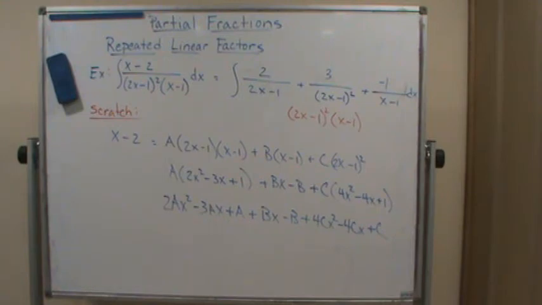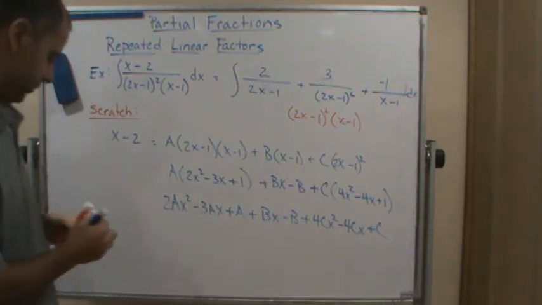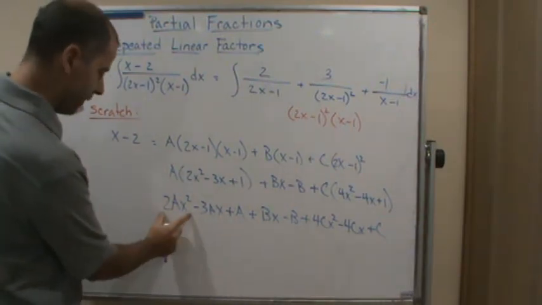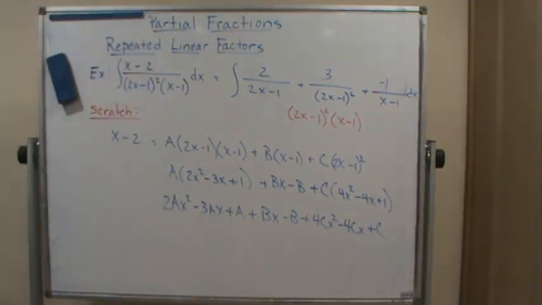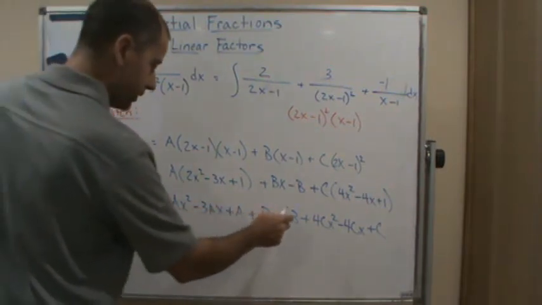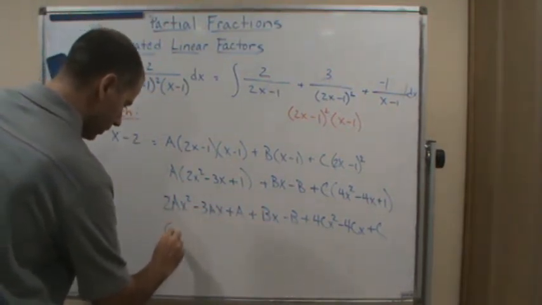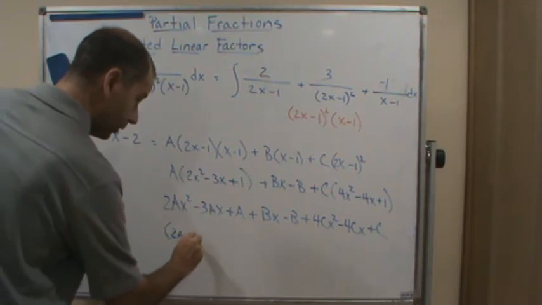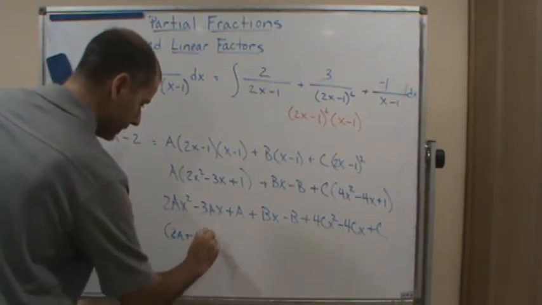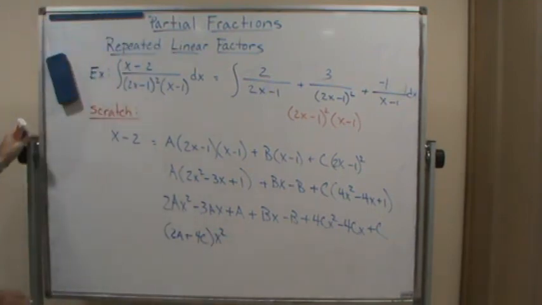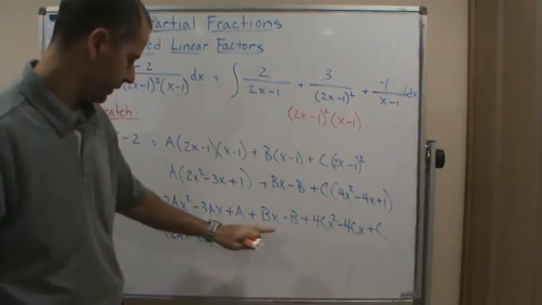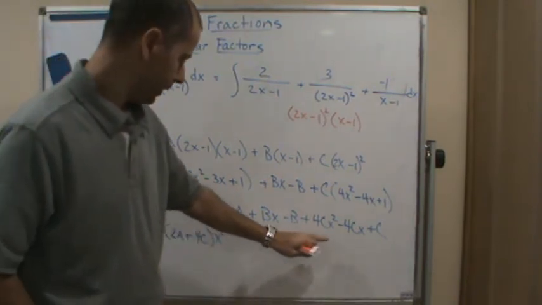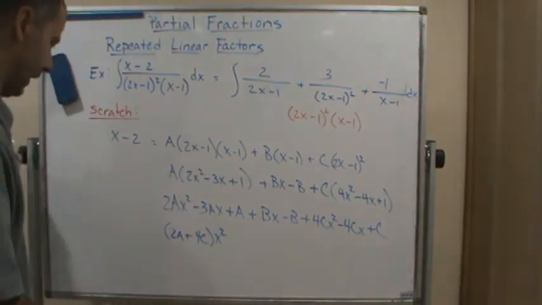So now if I collect like terms, what do I get? Well, I've got ax squared here and cx squared here, right? So if I put those together, I get 2a plus 4c times x squared. And then for the x's, I've got minus 3ax, bx, and minus 4cx.